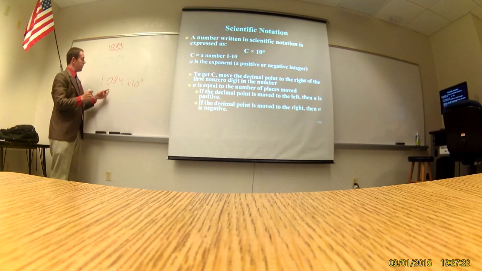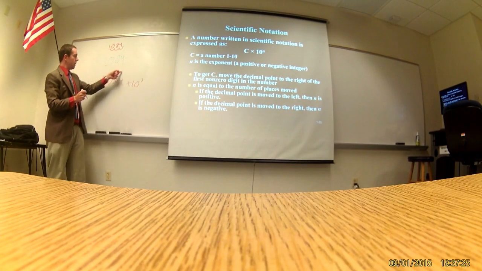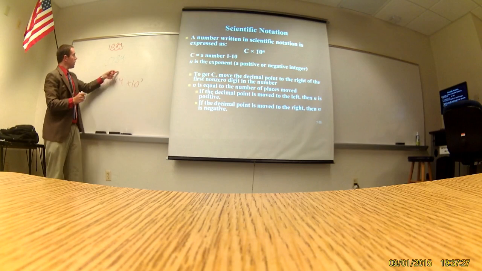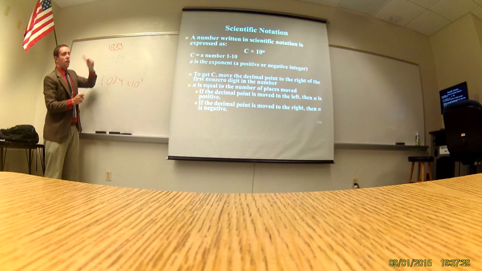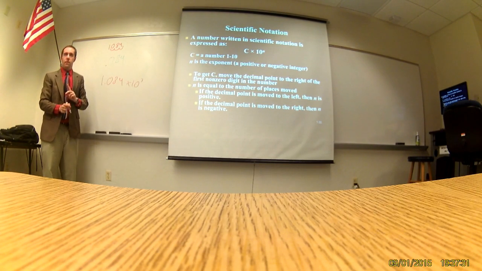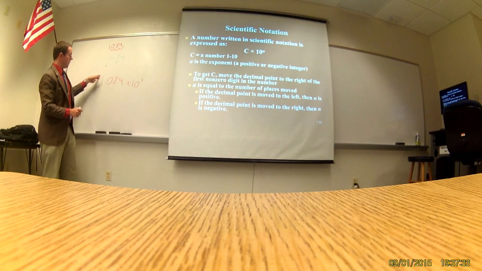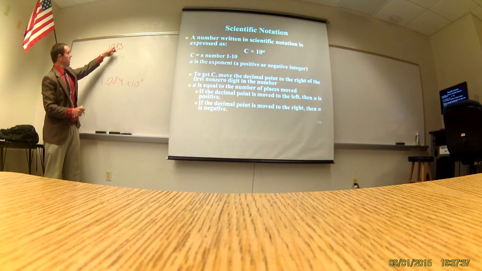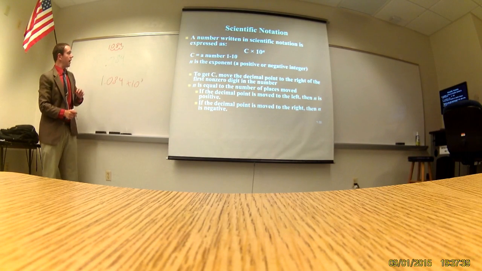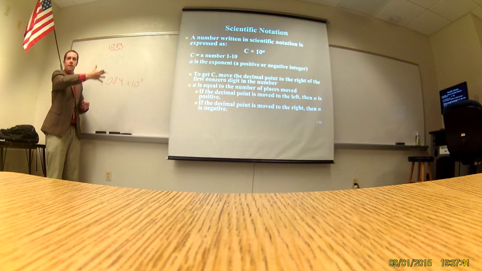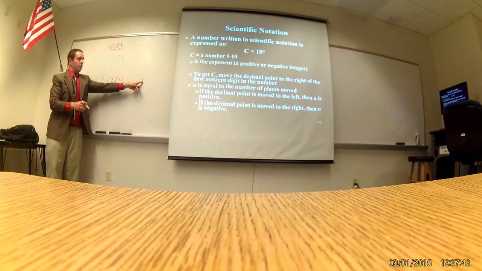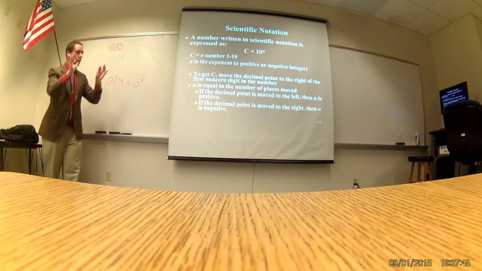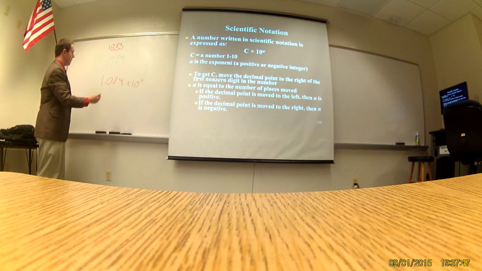Think about it in a calculator. If you put that in a calculator, you're going to get that. You're multiplying this number by a big number, by 1,000. It's going to get bigger, that you're going to turn into that. When you move the decimal point left, it's a positive number. When you move it to the right, it's a negative number.